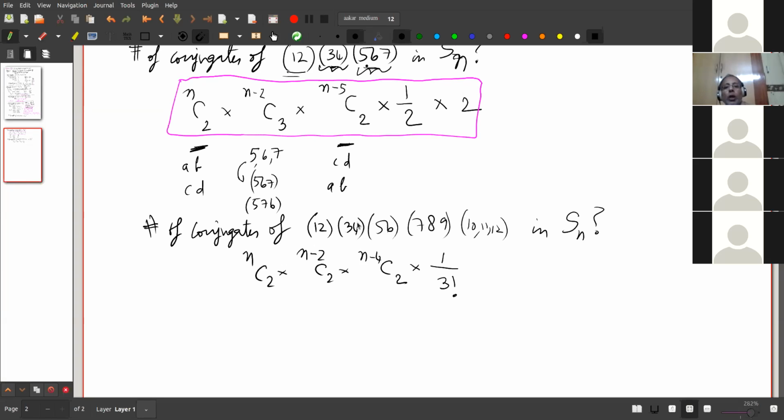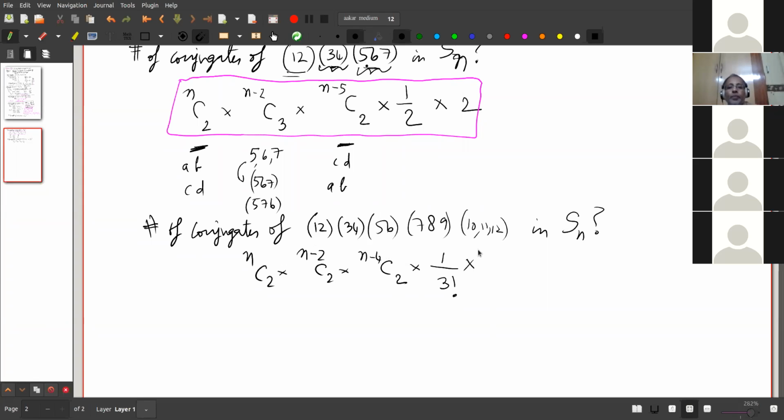But of course, instead of taking 1, 2 first, 3, 4 next, and 5, 6 third, I could have made 3, 4 first, 1, 2 next, and 5, 6 third. But those two would give me the same cycle. I would be overcounting. And there are 3 factorial because I can arrange these 3 in 3 factorial ways. So that is 1 over 3 factorial indeed.